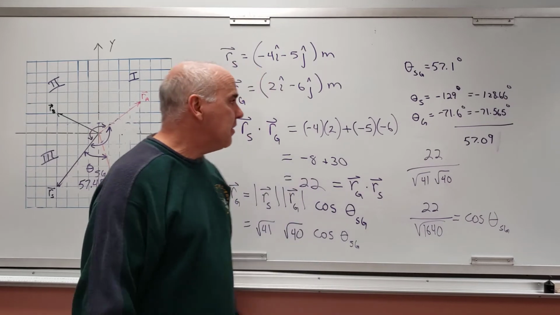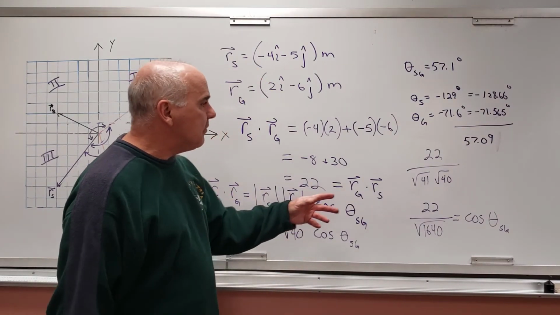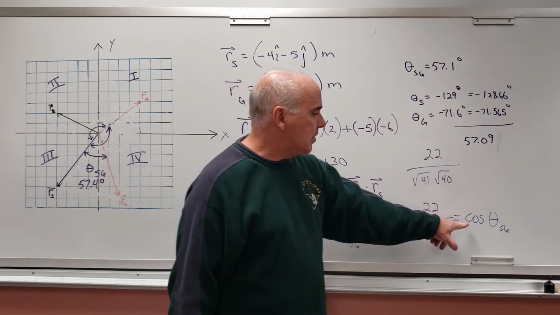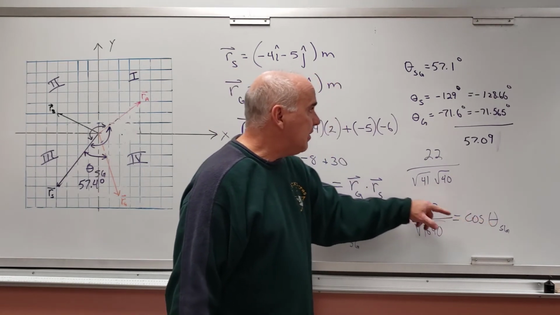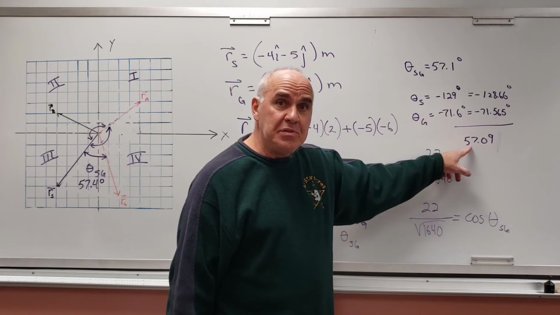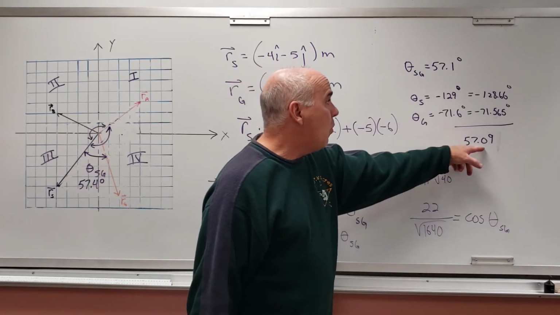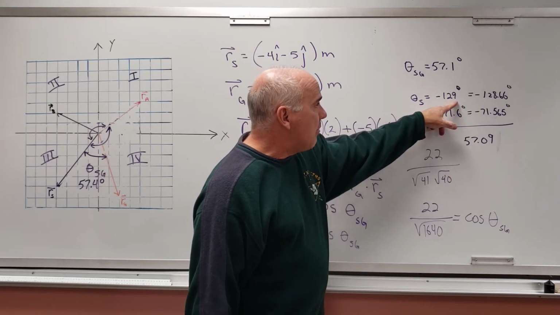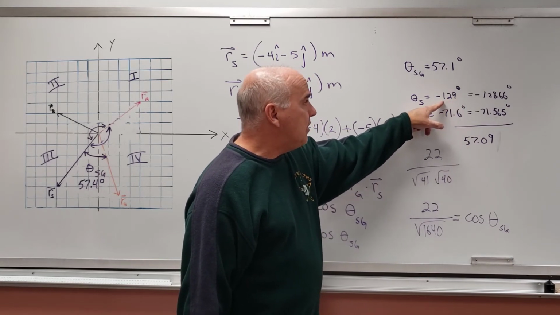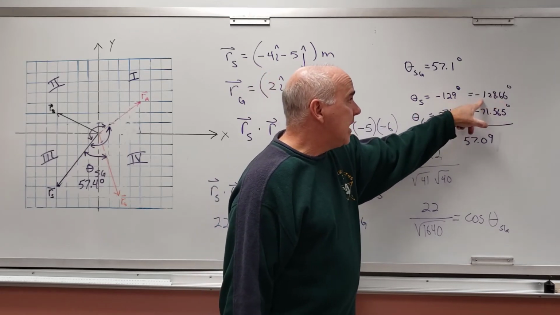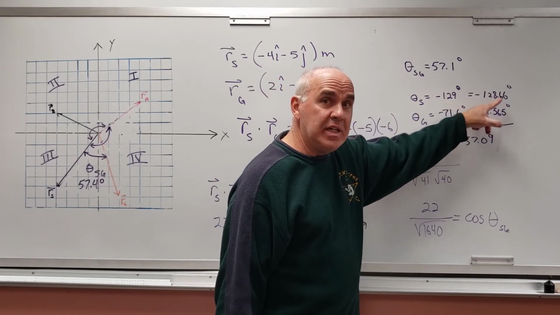But there's a round off error in there, which is cool, because if you actually do 22 over the square root of 1640 equals the cosine of the angle between Shelby and Grayson, you're going to get 57.09 degrees, not 57.4, more like 57.1. But that's because I wrote down minus 129 degrees for Shelby, but really if I take that out more digits, I get minus 128.66.